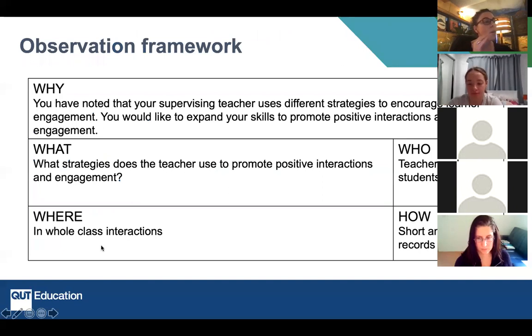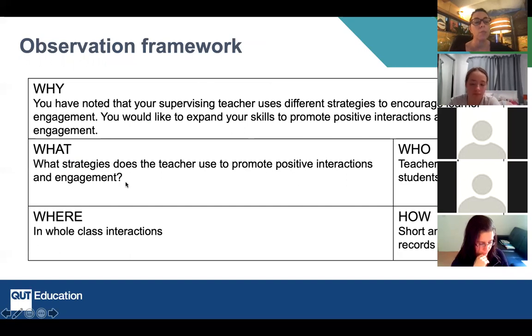All right, so this is the observation framework that you would have explained to your supervising teacher again: the why, what, who, when, and where of your inquiry. So for those of you that didn't do this observation, still have a look through this, and then what we discuss will be meaningful to you, including those of you at home.